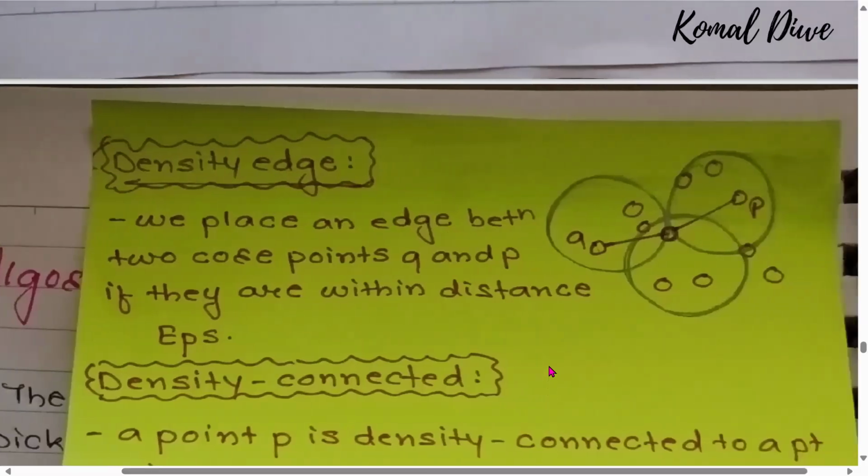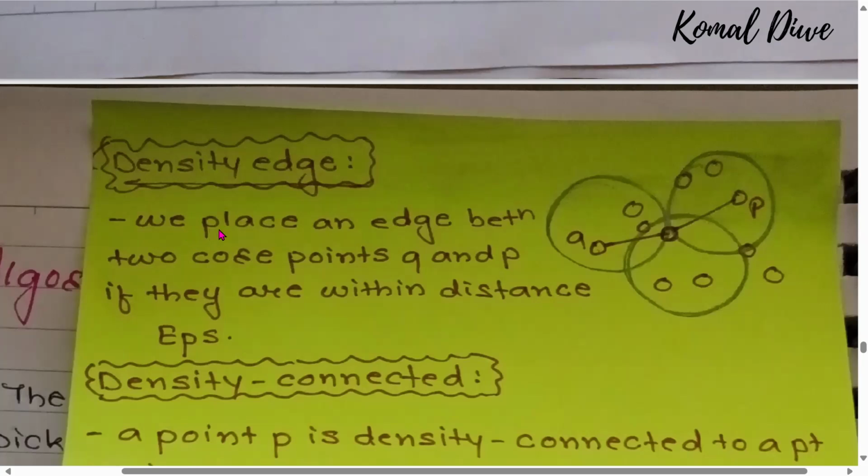Density is, what does it mean? We place an edge between two core points Q and P if they are within distance epsilon. Read along with me, but try to read in your head, not in your mouth.